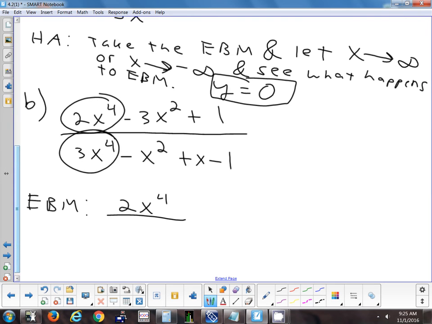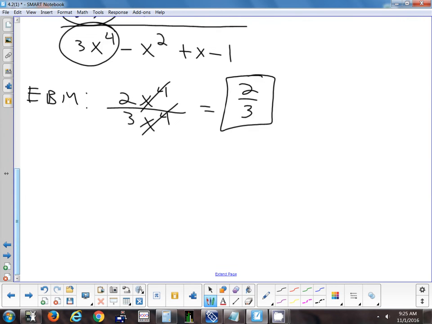That's the biggest term in the top. That's the biggest degree term in the bottom. And whenever your exponents are the same and you divide them, they cancel out, and you're just left with 2/3. So this time, the end behavior model is just a number. There is no letter. But I'm still going to ask you the same question.